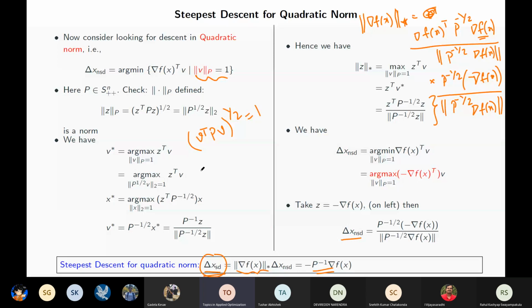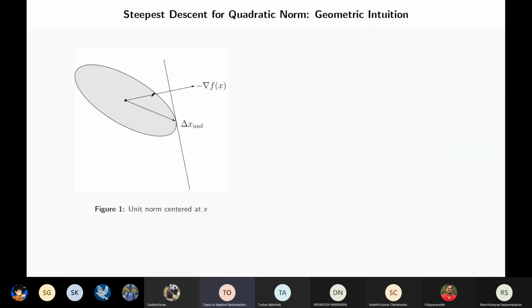If I square it, then V transpose PV is equal to 1. What does this denote? This denotes an ellipse, as we have seen before, and the ellipse's major and minor axes and curvature will depend on the eigenvalues of P. So that's how the norm is looking now.